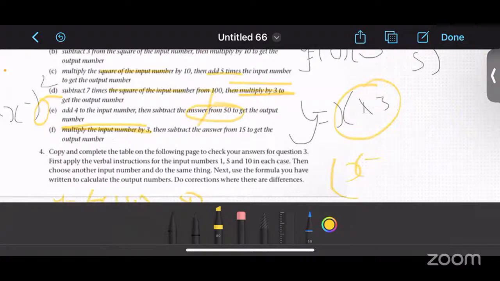So it will be x times 3, close brackets, minus 15.